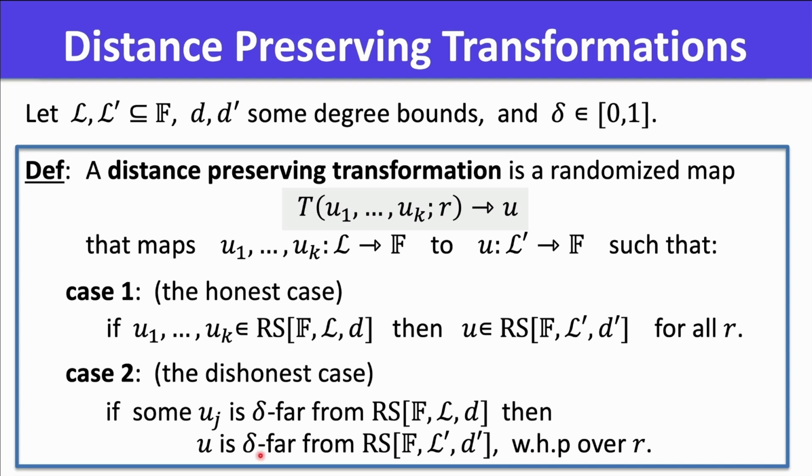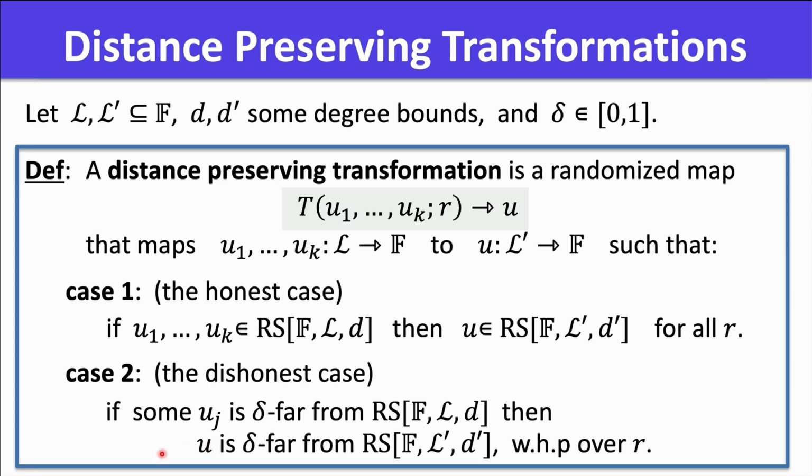In the dishonest case, if even one of the uj's happens to be delta far from the original Reed-Solomon code, then the result of the transformation u is going to be delta far from the resulting Reed-Solomon code with very high probability over the choice of r. Okay, so we call it distance preserving because if we start with things that are close, we end up with something that's close. And if we start with even one thing that's far, we end up with something that's far.